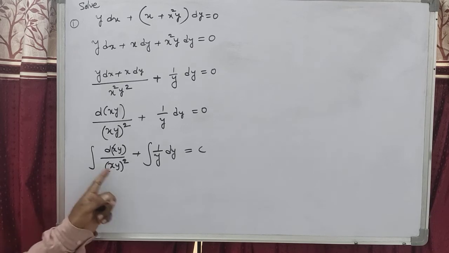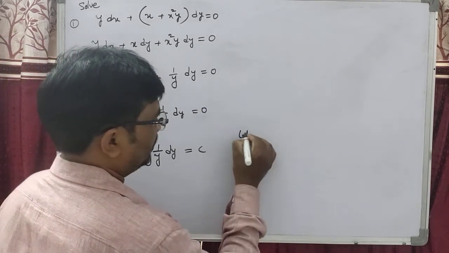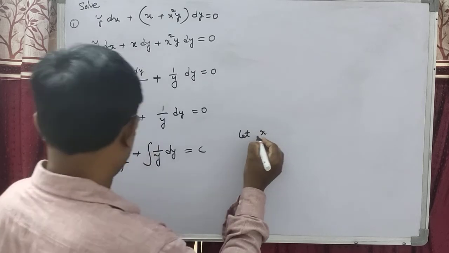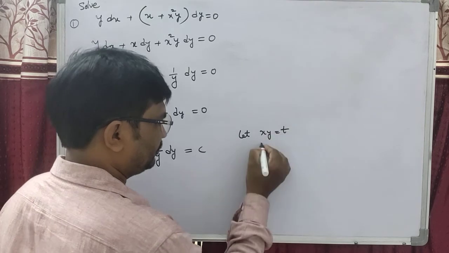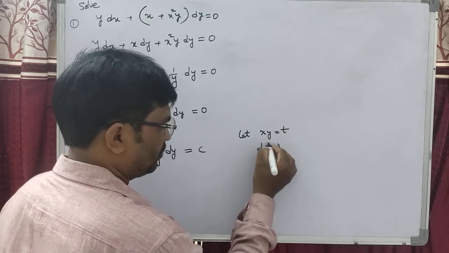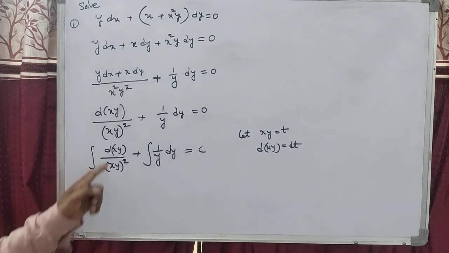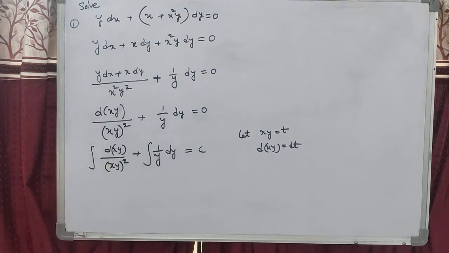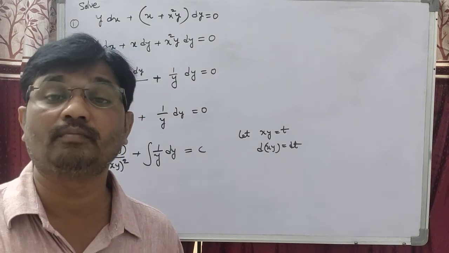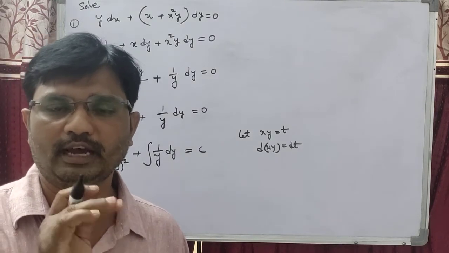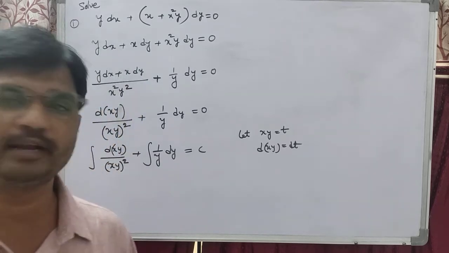When you take t, let xy be t, the derivative of xy is dt. Now dt by t square. The integral of dt by t square is minus 1 by t; we have to take the integral x power n plus 1 upon n plus 1.